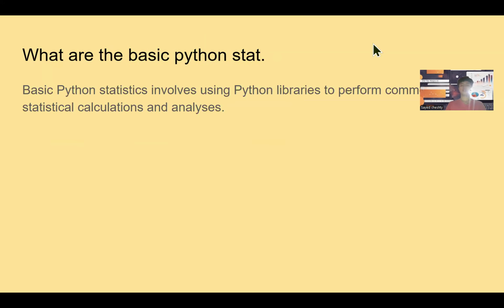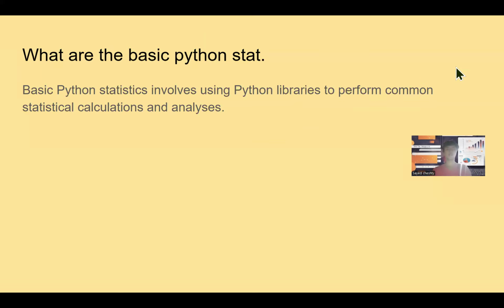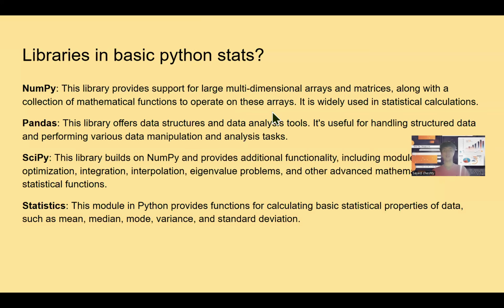Basic Python statistics involves using Python libraries to perform common statistical calculations and analysis. This is what we do as a data analyst: we calculate statistics and perform analysis using Python libraries. Now we're going to talk about what the libraries are for basic Python stats.